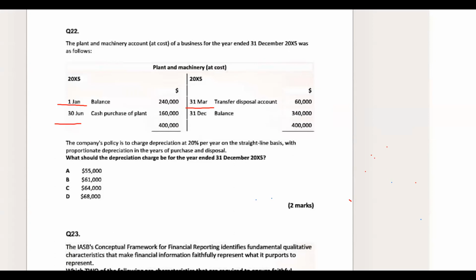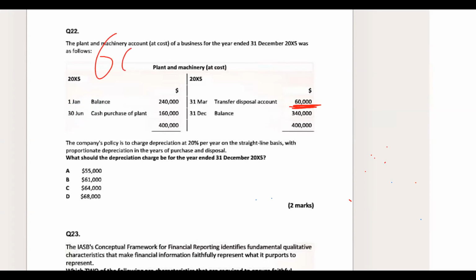You need to account for those months, okay? So number one, to begin with, what is the depreciation for the first 3 months for this asset? Let's just get the first 3 months.